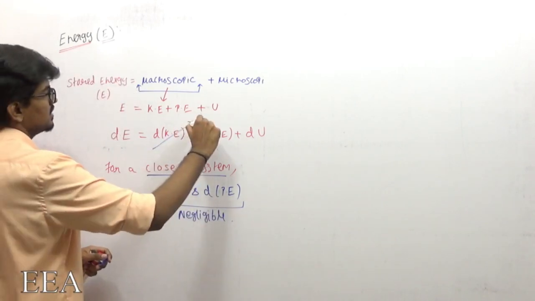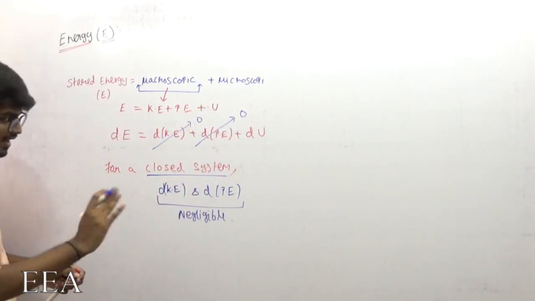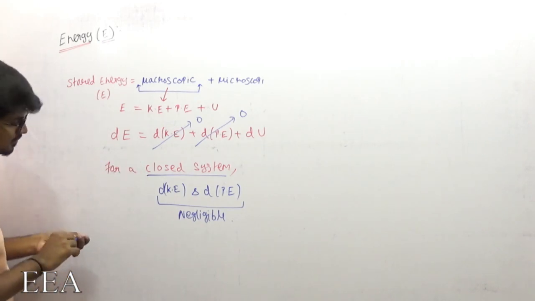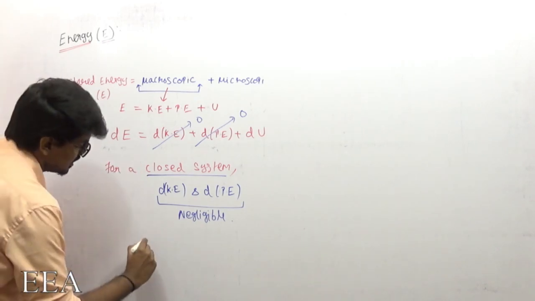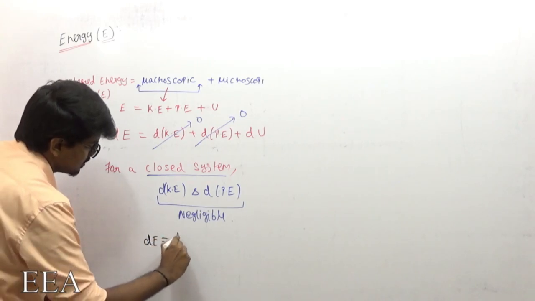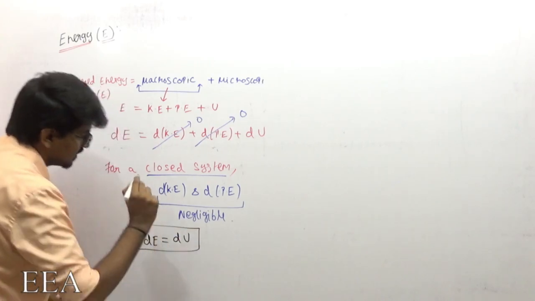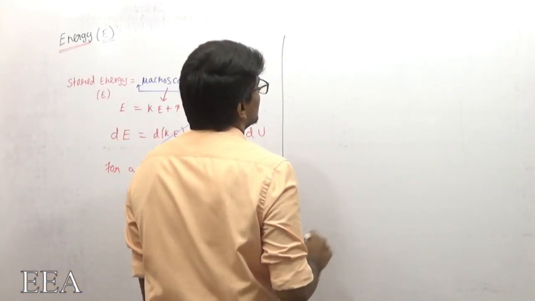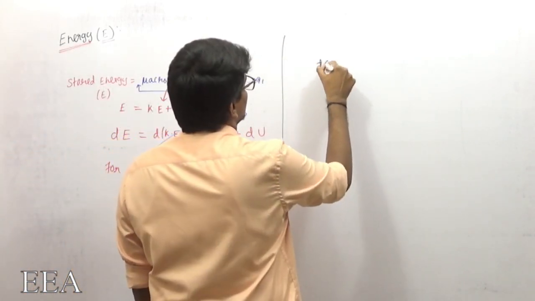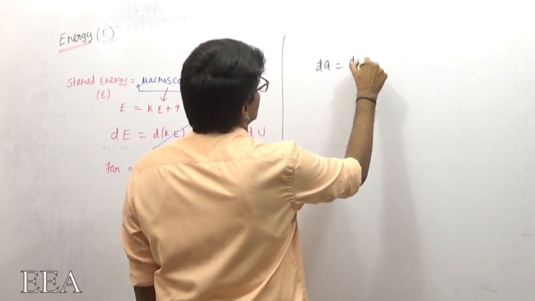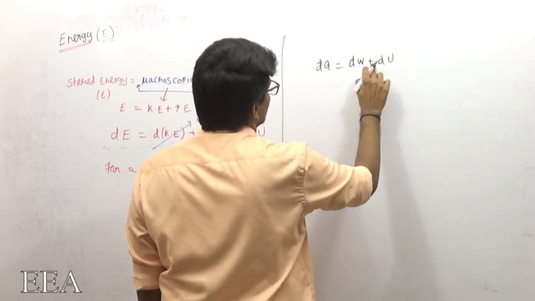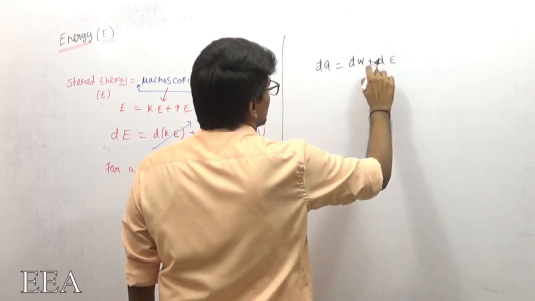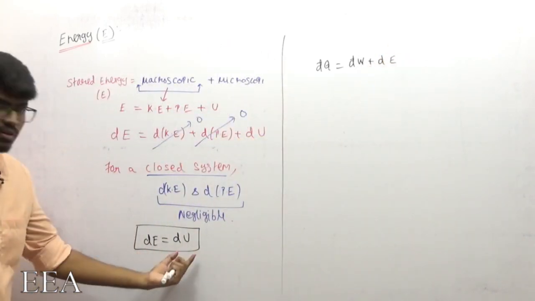So these will be 0. So dE is finally the change in internal energy. Now what happens to our first law of thermodynamics for a process? d'Q is equal to d'W plus dE, and we got dE equal to dU.